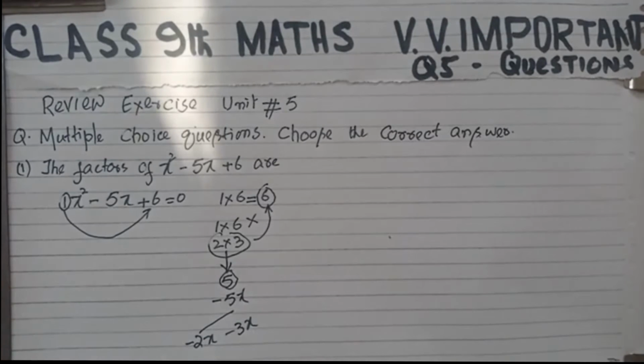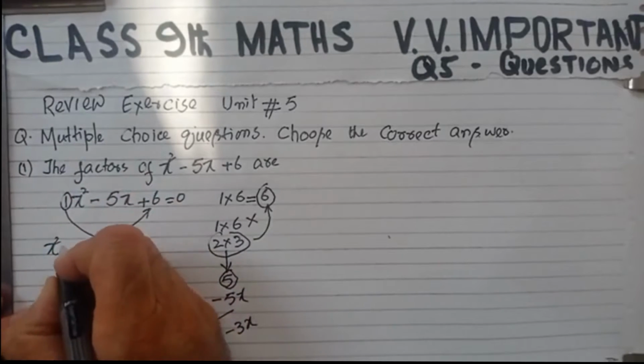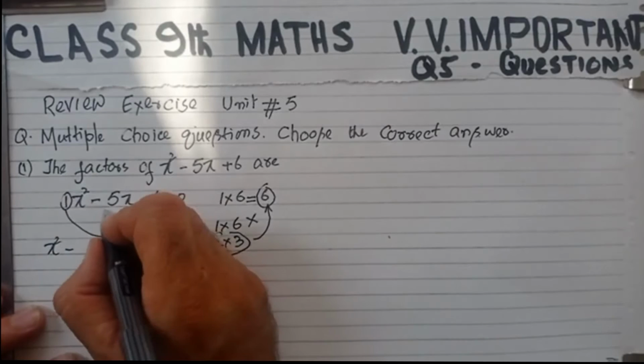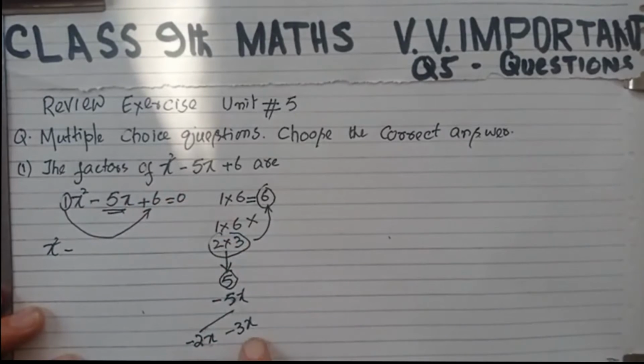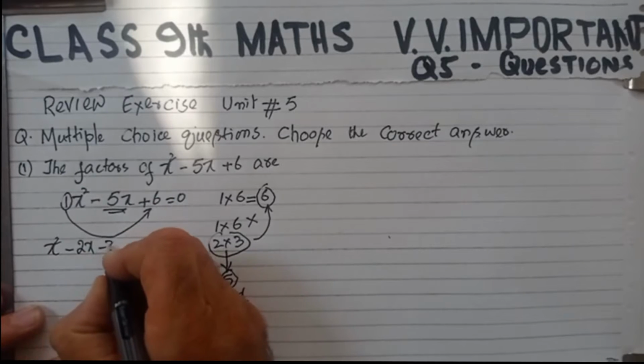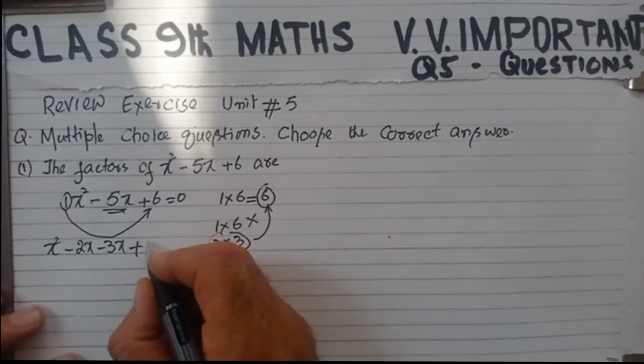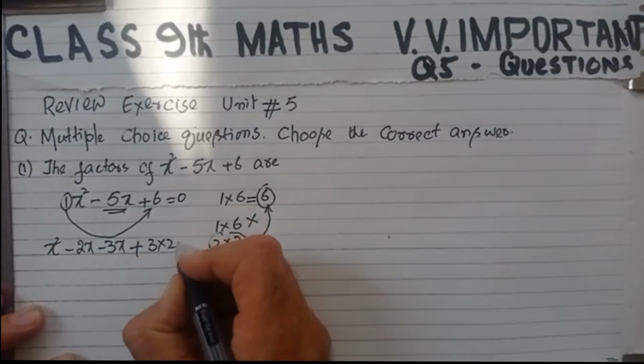Same signs are always added, so you get 5. So I write x square minus 2x minus 3x plus 6, since 3 multiplied by 2 is 6.